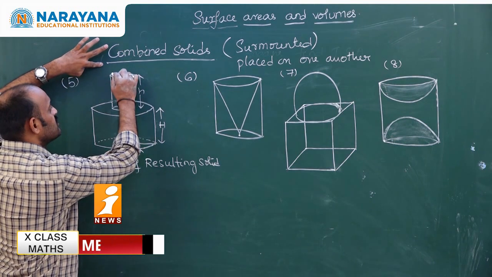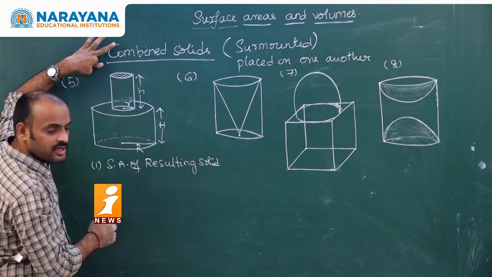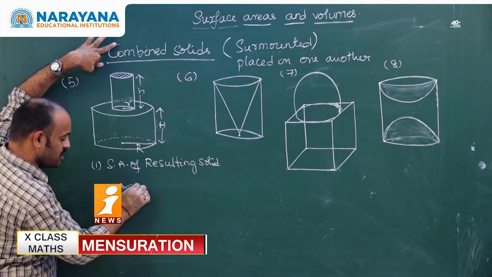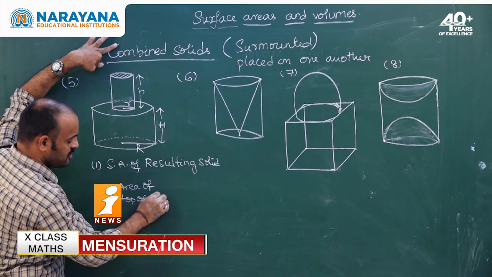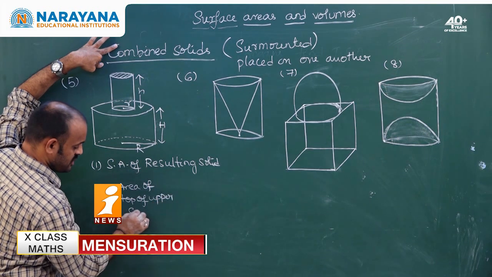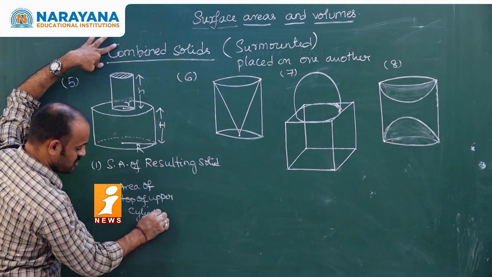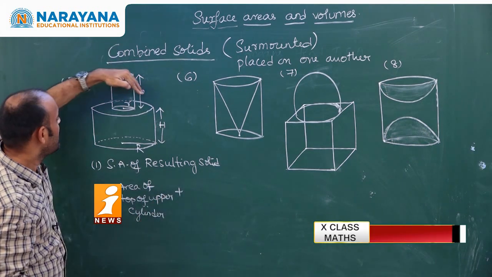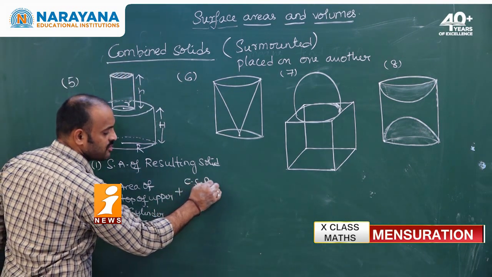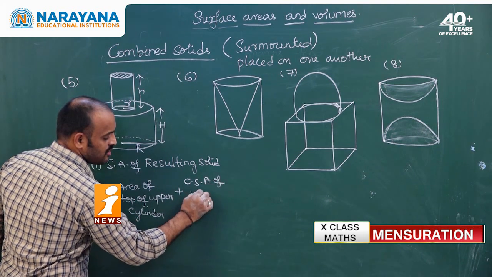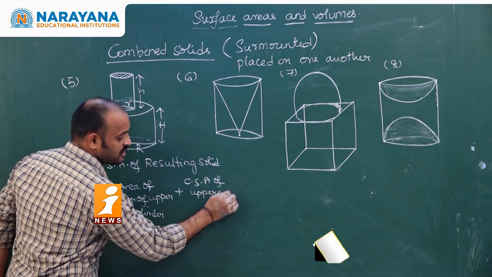I can see the top of the upper cylinder, area of top of upper cylinder, plus I can see the curved surface area of the upper cylinder, CSA of upper cylinder.